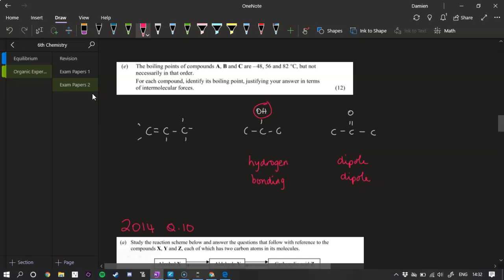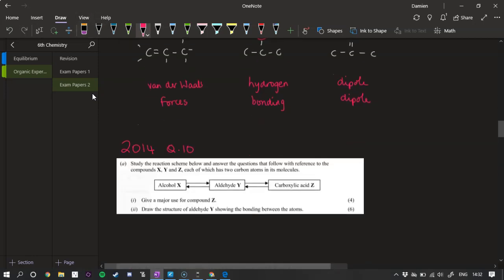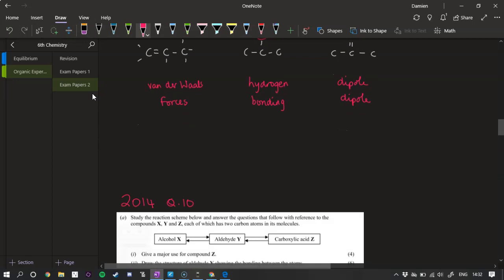And then finally at the start, we have our alkene. And alkenes have got the weakest bonding. The weakest bonding here are what's called van der Waals forces. So this is the weakest. This one here is the strongest bond, and this one here is in the middle.